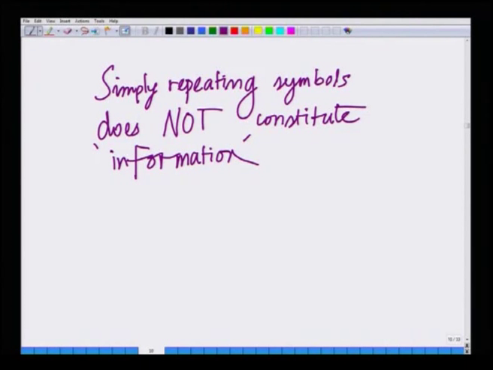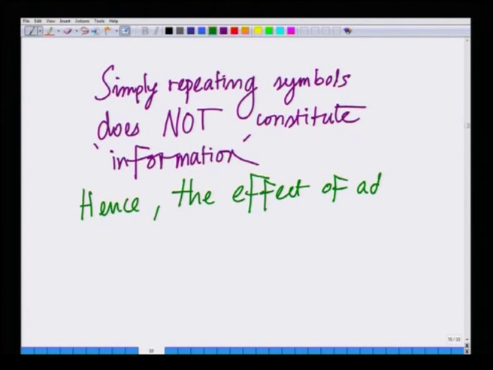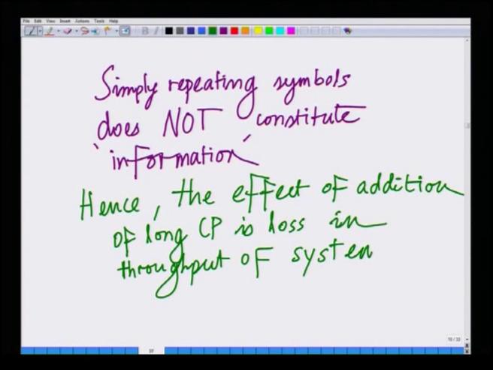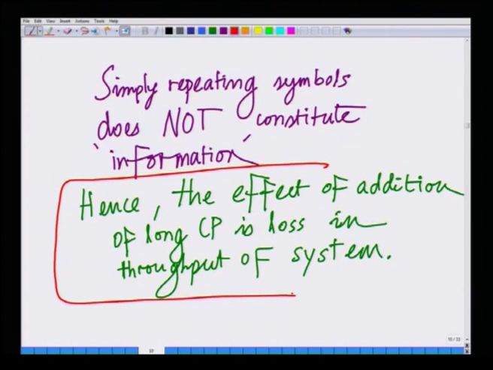Hence, the catch is, the effect of addition of a long cyclic prefix is loss in throughput of the system. Essentially, that is the catch.